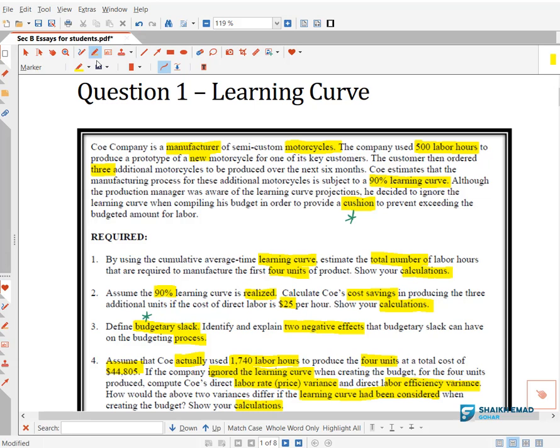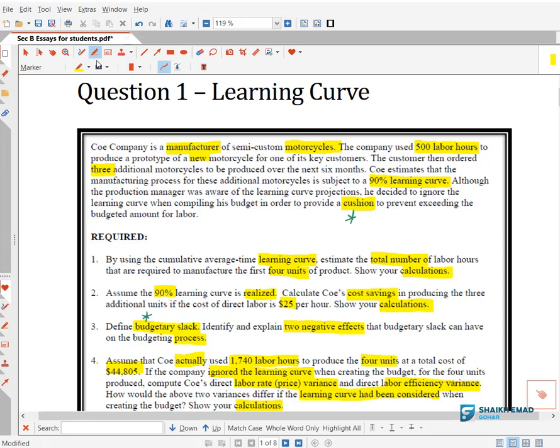Budgetary slack means 2 things. If you are a manager working in a cost area, you will try to make a budget with a high cost. Because you are getting the budget, for example, you are a production manager, a procurement manager, a learning and development department manager, or a research and development department manager.